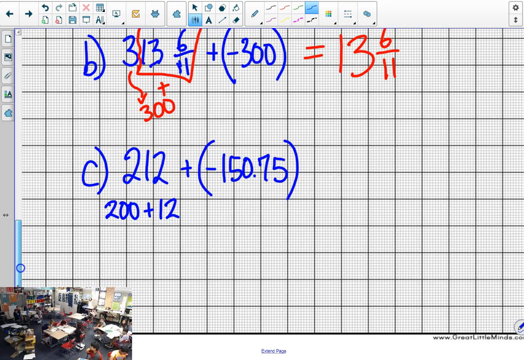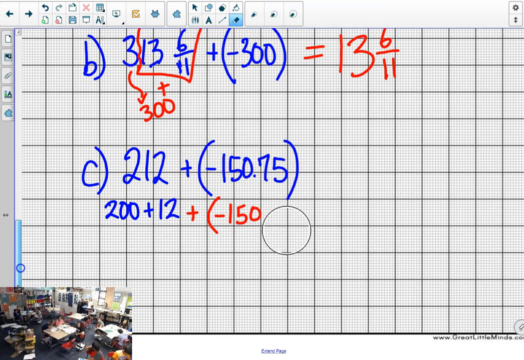Did you do it all at once? Well, I did minus 150 and then took 50 and then. Yeah, I'd break up the bad guy too. I'd make this 150 and then a 0.75. Because if we're trying to make our life easy, decimals make it a bit more complicated. Can I do 200 and a negative 150 easily? Yeah. What do you get? 150.